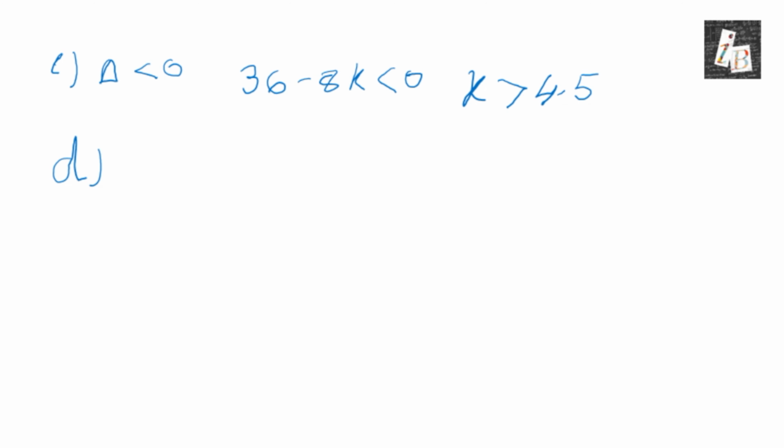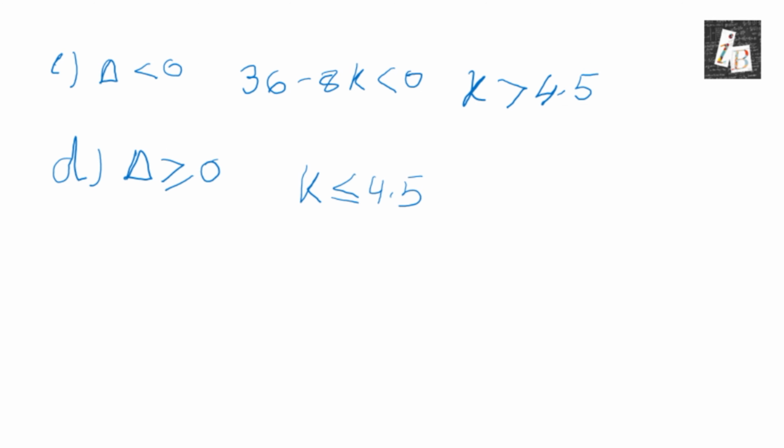For number D, he wants k in case delta is bigger than or equal to 0. In this case, we have two possibilities, either 1 or 2 real roots. We will do the same and we will get that the answer is k less than or equal to the critical value.